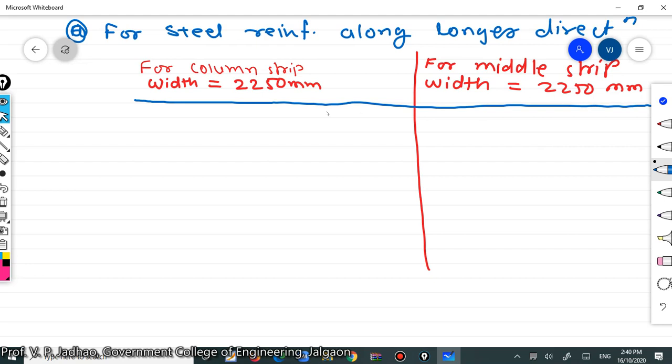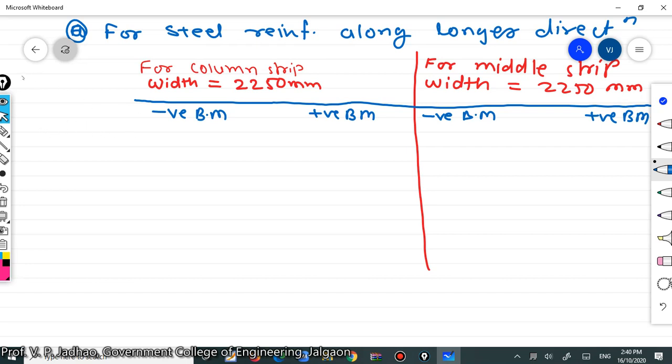So first write down the negative bending moment, and then the positive bending moment. Again for the middle strip we will have negative bending moment at the supports and positive bending moment at the central span.